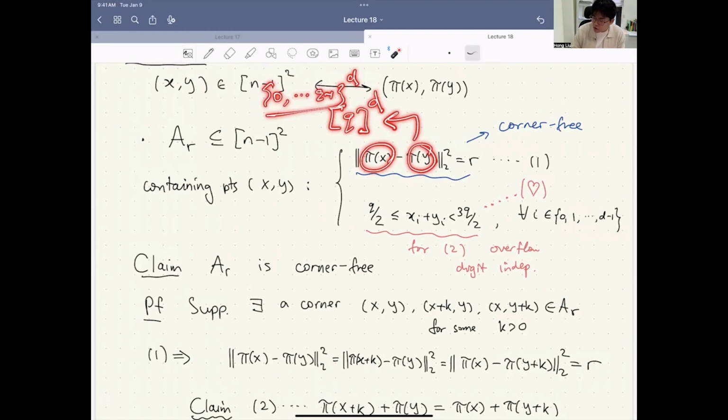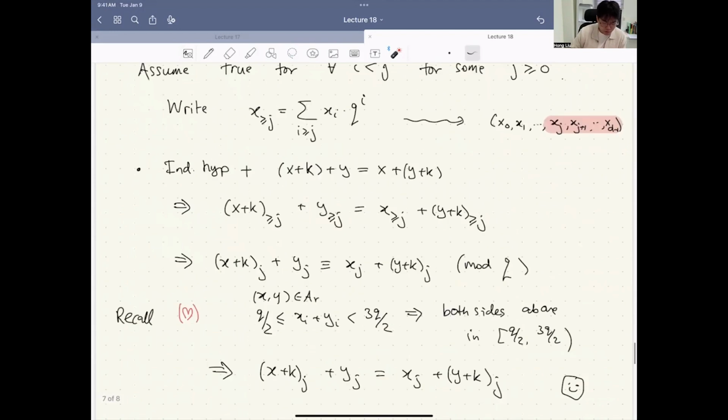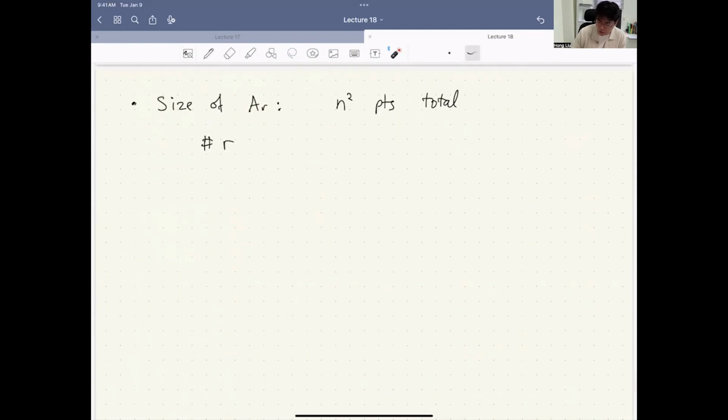So their difference is at most q, so q squared times d. So the number of choices of R is at most d times q squared.